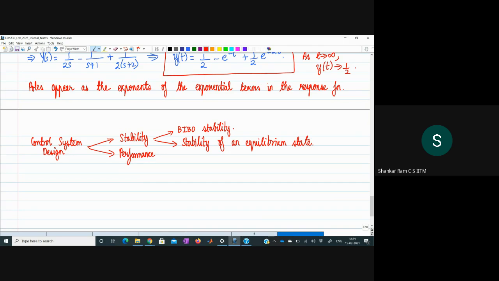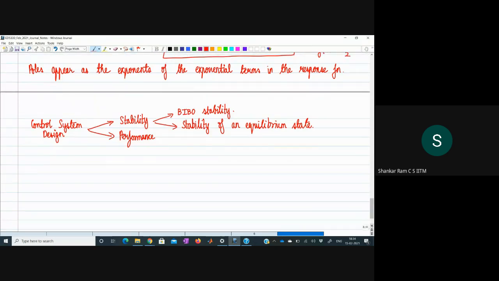So let me quickly recap bounded input, bounded output stability. The notion of bounded input, bounded output stability requires that the system's output remain bounded for all possible bounded inputs.